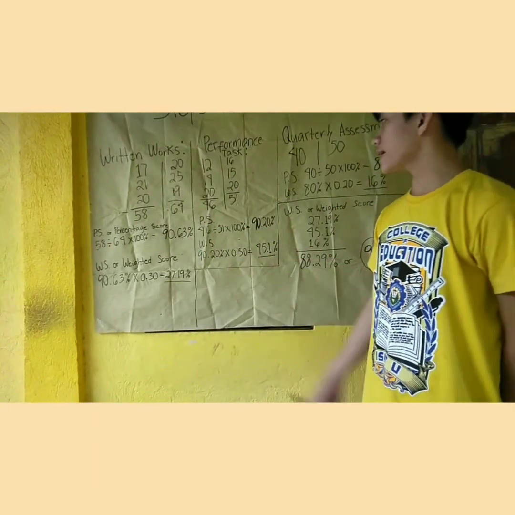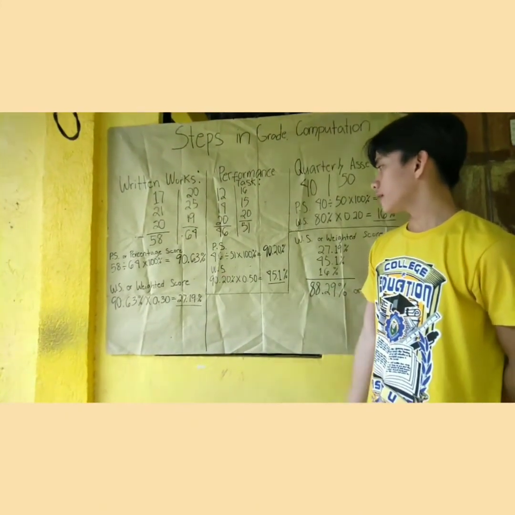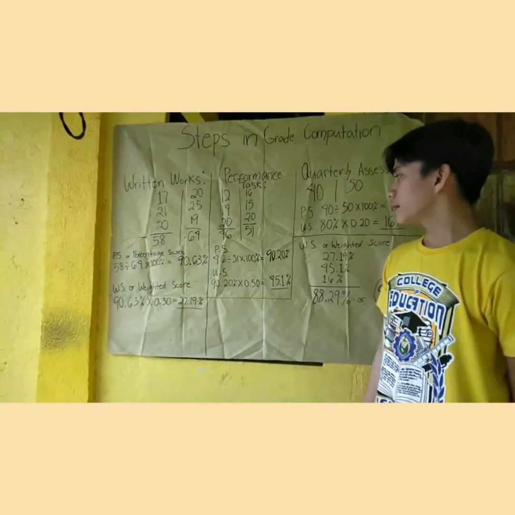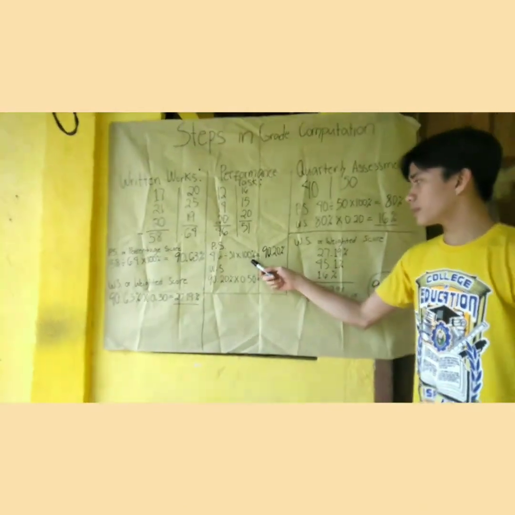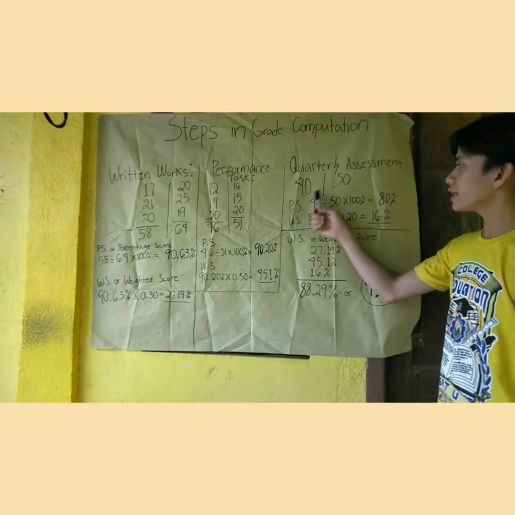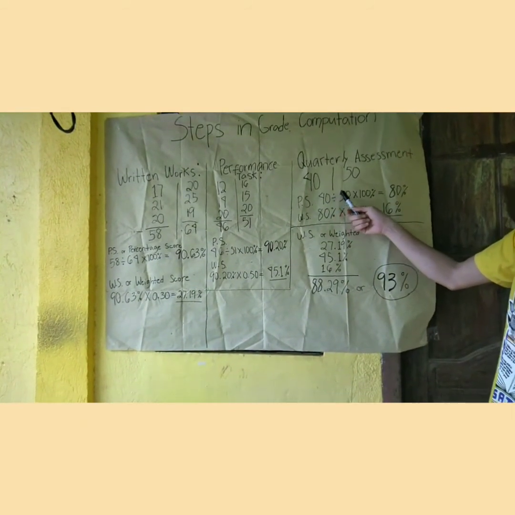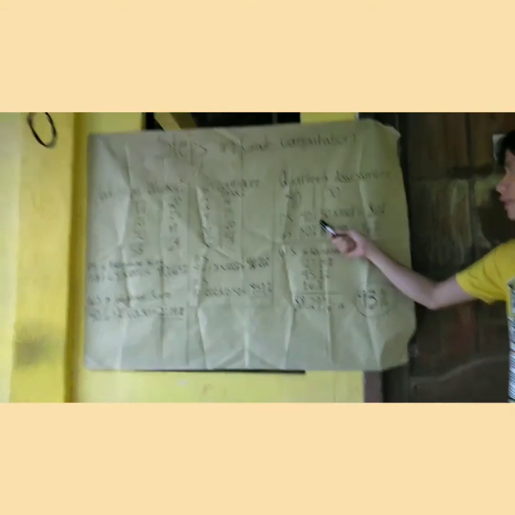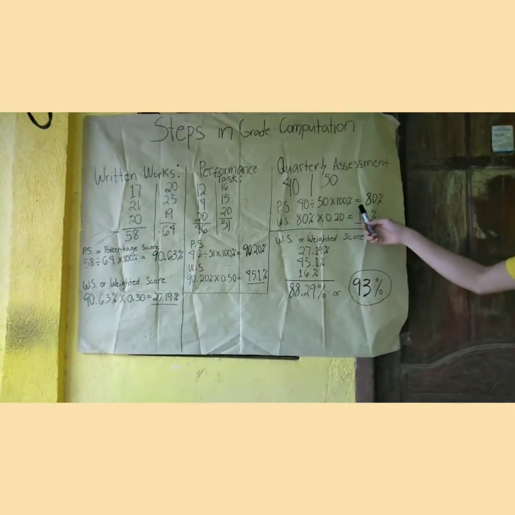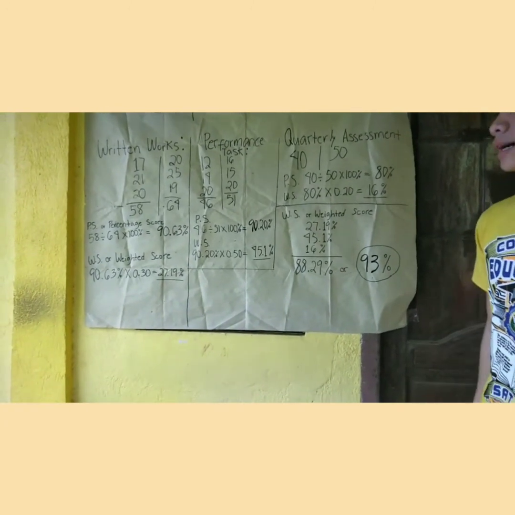In performance task, the learner's raw score is 46 divided by 51, which is the highest possible score, then multiply by 100% will give you 90.20%. In quarterly assessment, the learner's raw score is 40 divided by the highest possible score, which is 50, then multiply it by 100% will give us 80%. So that is the second step.